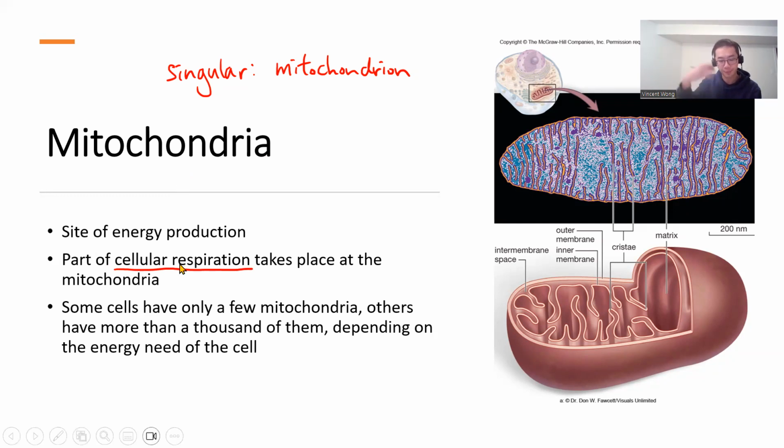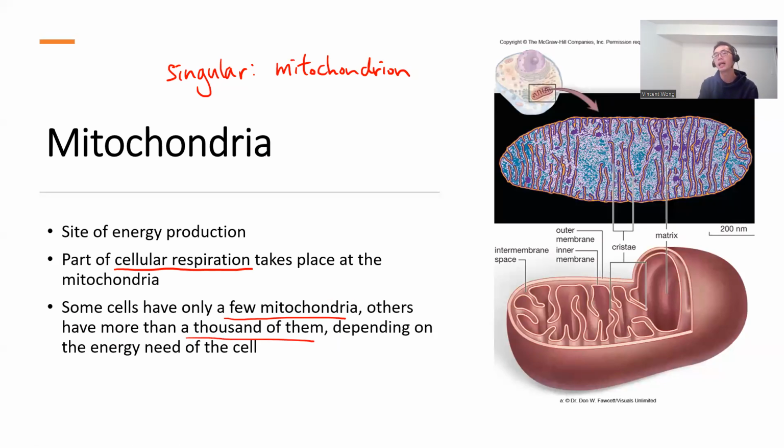It was earlier on in lecture 2. You can look that up if you want later on. Some cells have only a few mitochondria, especially if they don't have a high energy requirement. Others would have thousands of them, depending on the energy need.